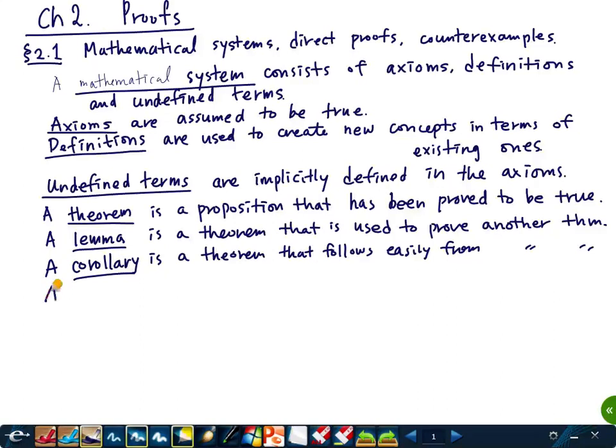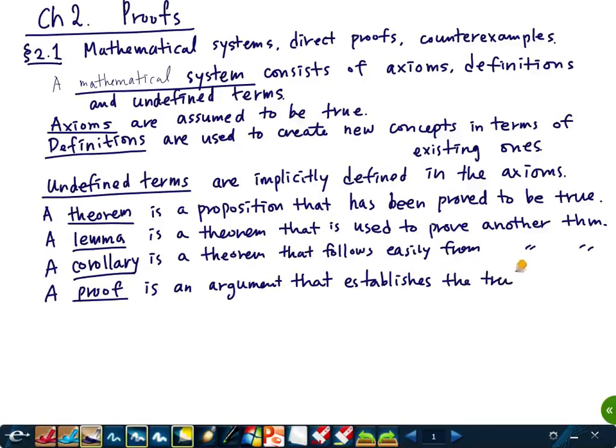So a proof is an argument that establishes the truth of a theorem.